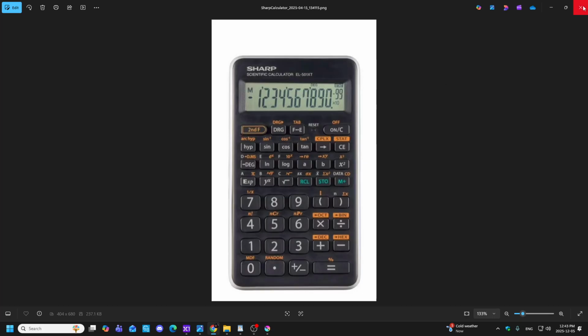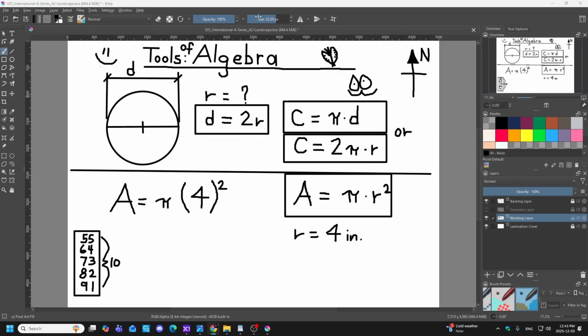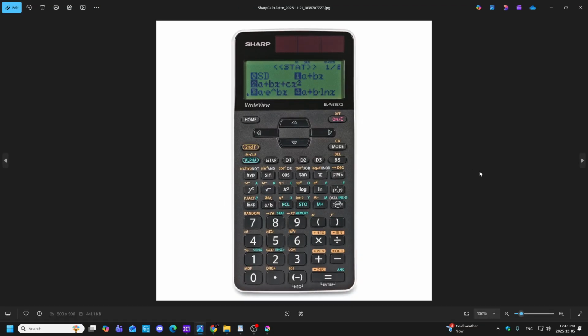So that's one. This is a cheapie, but it does work. It's good for junior high, or middle school. Is that middle school? Yeah. And then also this one here I've got for my son for high school. Okay, costs a little bit more, just to let you know. I think it's over 100. Don't quote me on that, but it's a pretty decent calculator for high school. All right, it's got all the buttons you need.